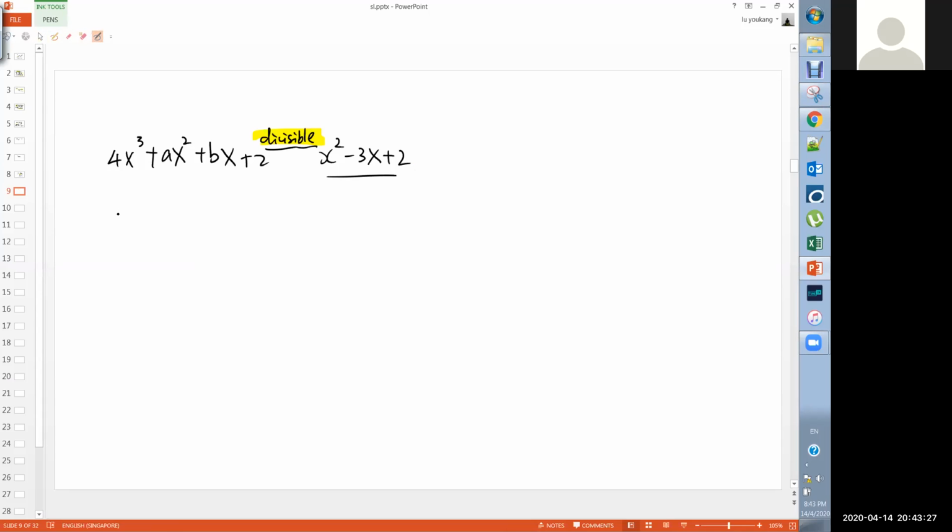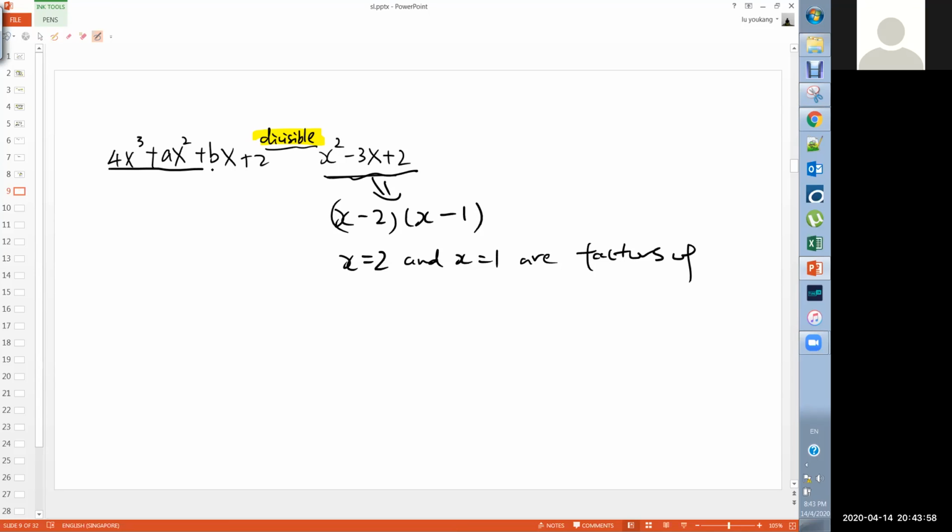So factor theorem says basically what you need to do is you need to transform this into this. Am I right? Yeah. So once you get this, what it means is x equals 2 and x equals 1 are factors of this f(x).